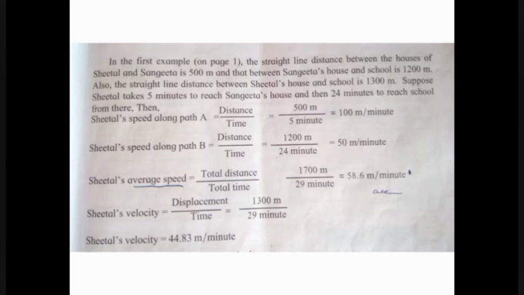Therefore, Sheetal's velocity becomes 44.83 meter per minute. From this example, we conclude that velocity and speed, they are two different physical quantities.